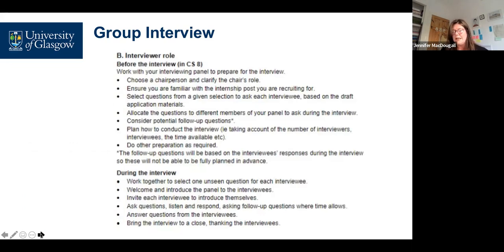So they take on both roles, and they get preparation in the classroom for both of those roles in terms of the types of questions they would ask and how to answer questions. We do things on the STAR technique. We do all sorts of aspects of how to work in an interview context. So this is just part of the task that they're being given if they're in the interviewer role.